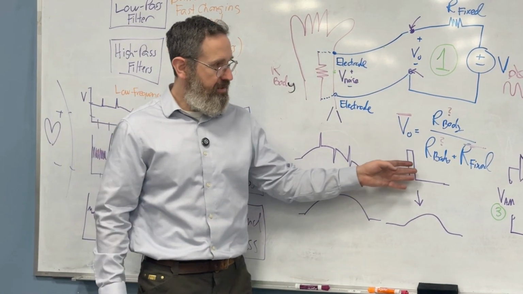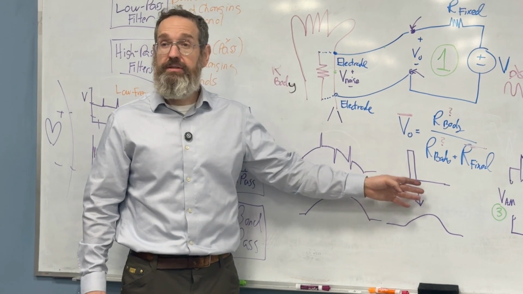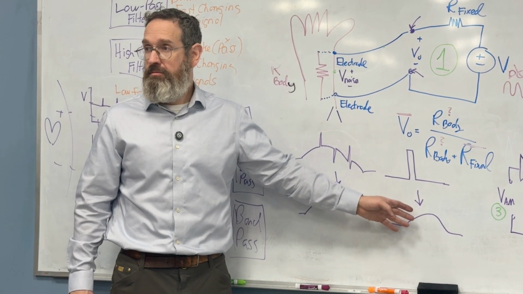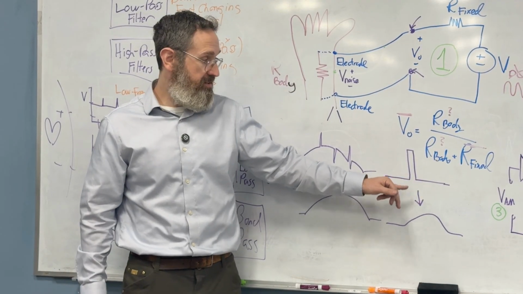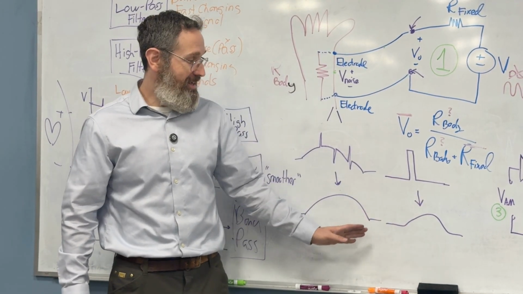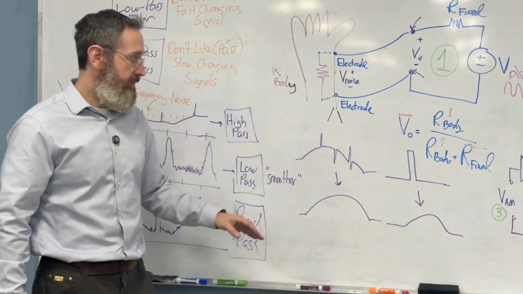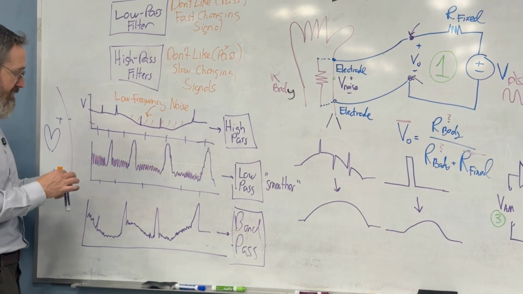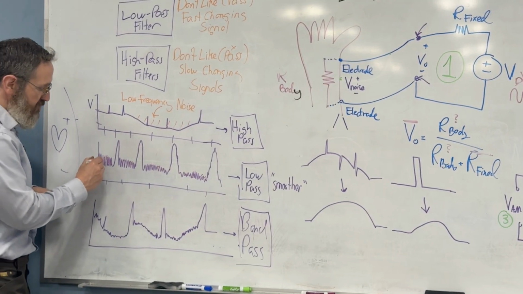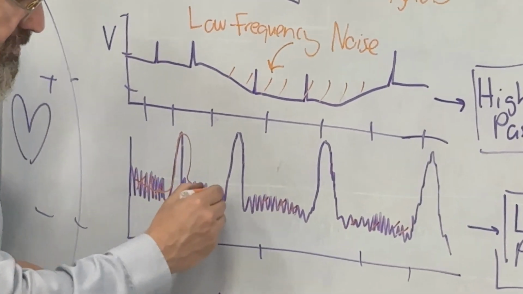Let's say you're willing to accept this for now. I don't know if I've convinced you, but this is what a low pass will do. If you send something like this into a low pass, it's a smoother. The low pass is always trying to smooth things out.